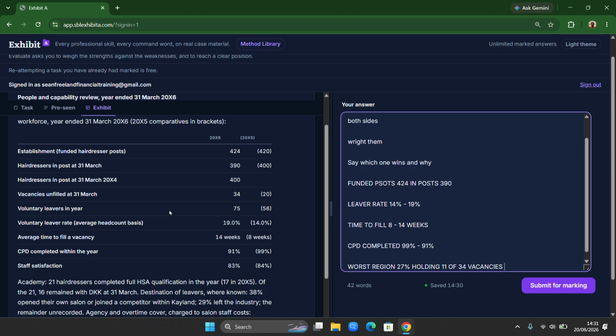The leaver rate, 14% up to 19, and right beside it, time to fill, 8 weeks to 14. Those two belong together, and I'll come back and explain why. CPD completion was 99% down to 91, the smallest number on the page, biggest consequence, and the regional note at the bottom: one region at 27%, holding 11 of the 34 vacancies.